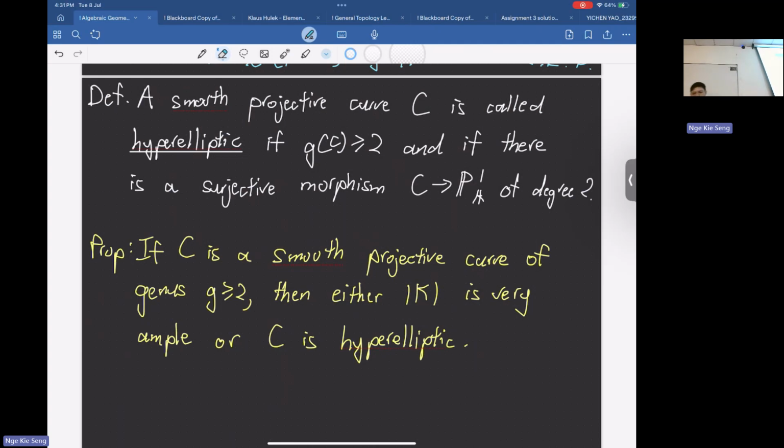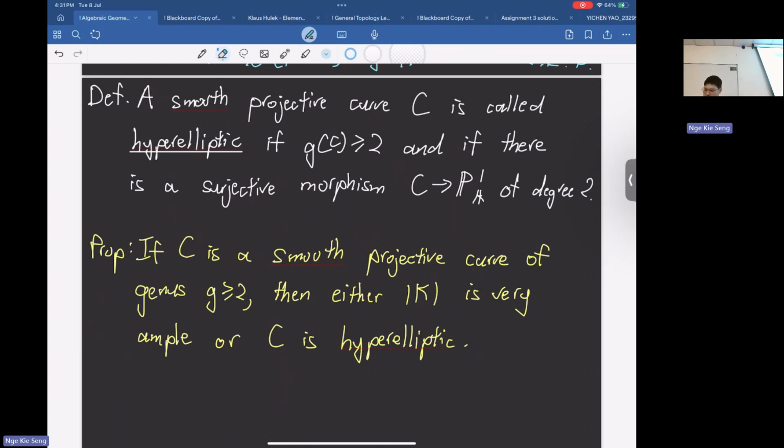Then the proposition here is: if your curve has genus g greater than or equal to 2, then either the canonical divisor defining the complete linear system is very ample, or C is hyperelliptic.